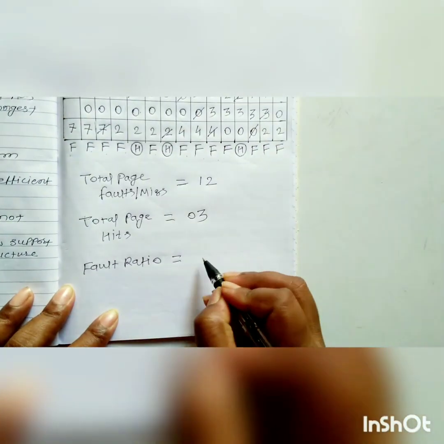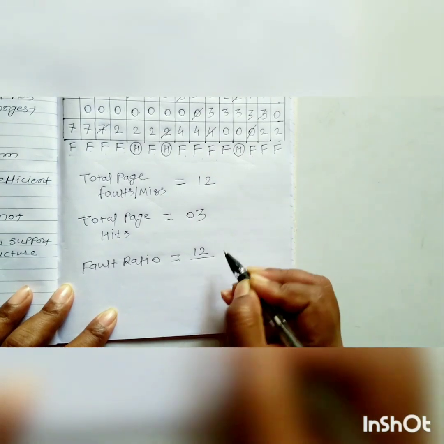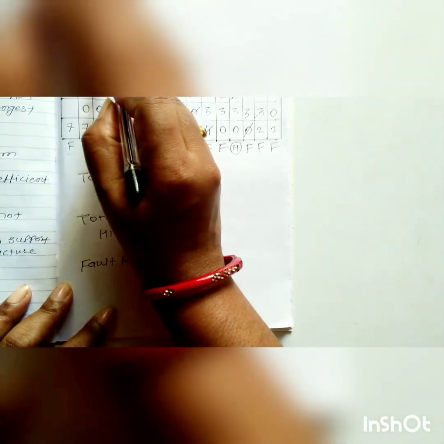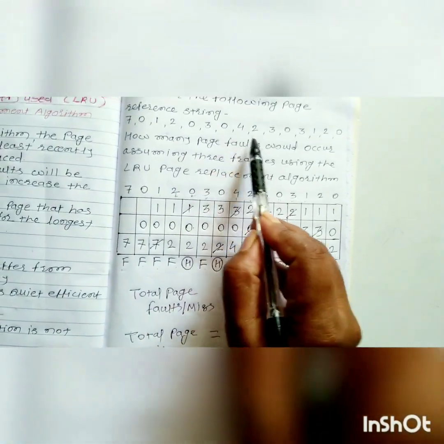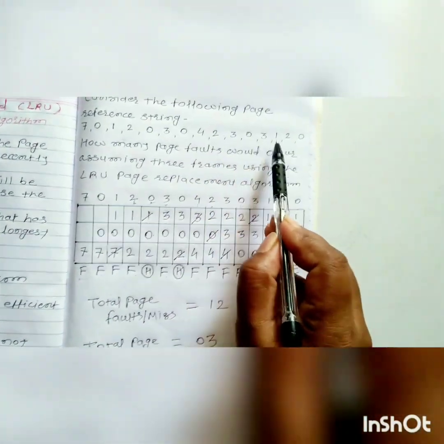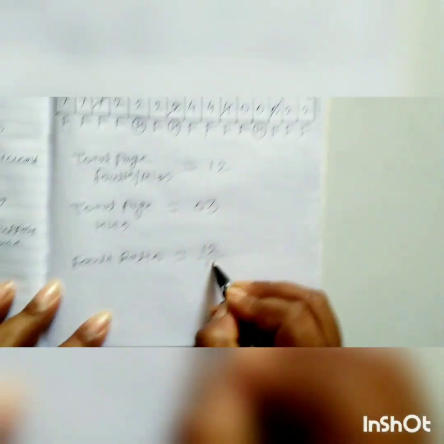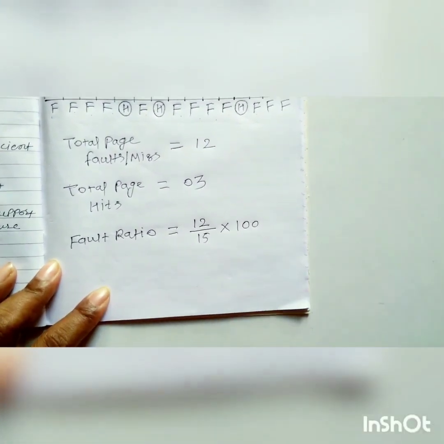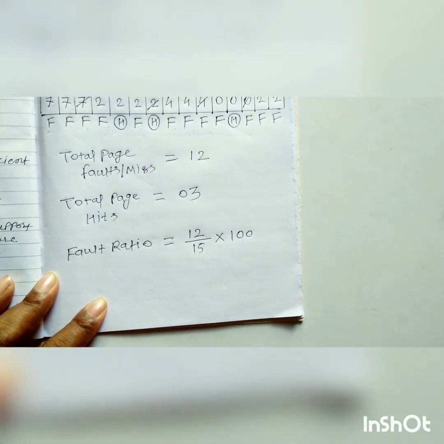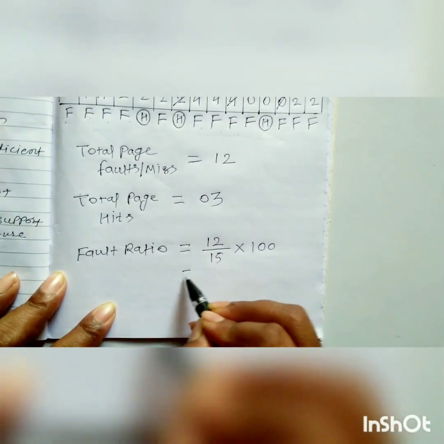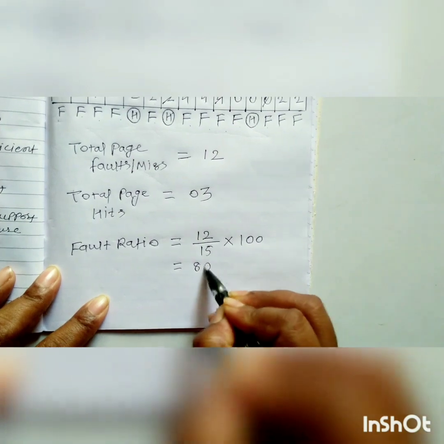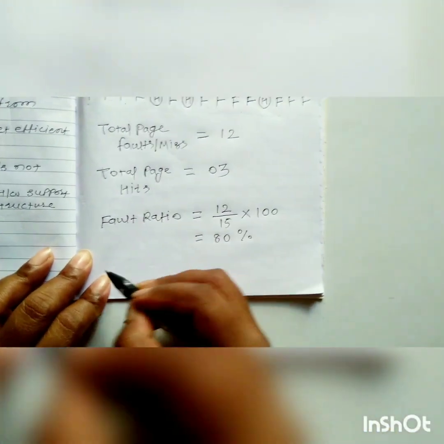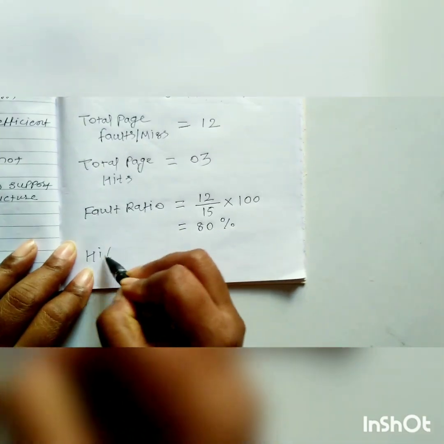Okay, so 12 by, you have to count this number: 1, 2, 3, 4, 5, 6, 7, 8, 9, 10, 11, 12, 13, 14, 15, and always you have to multiply this by 100. So the answer of this you will get as 80%.